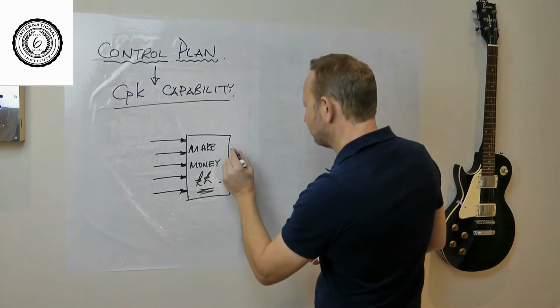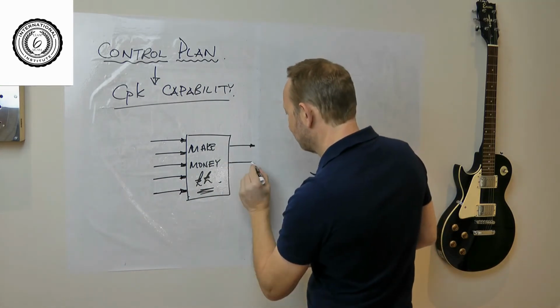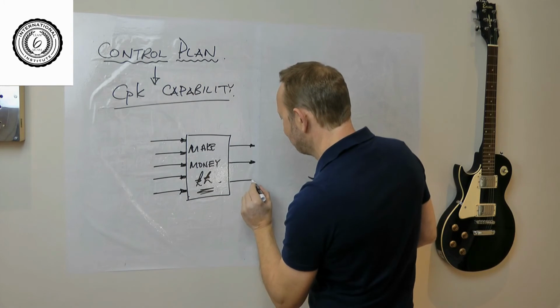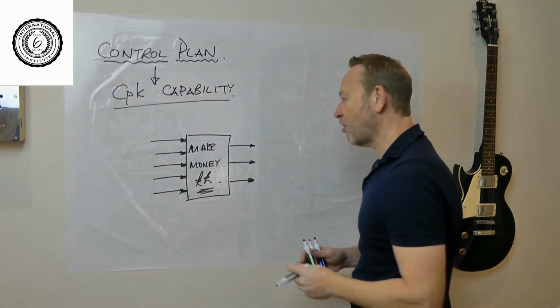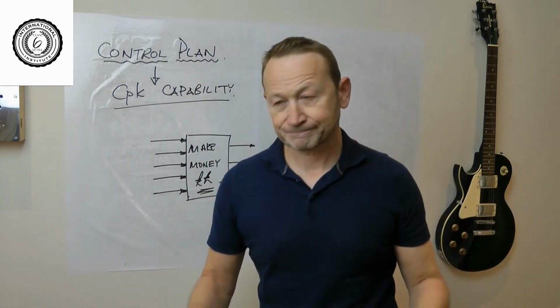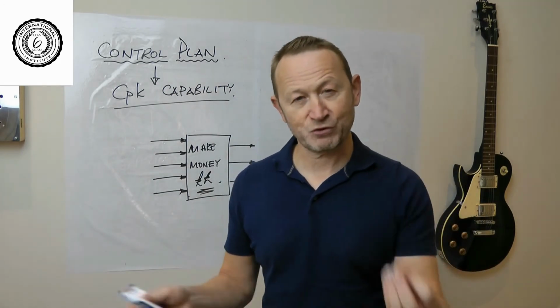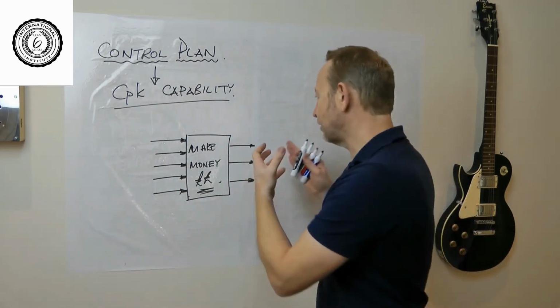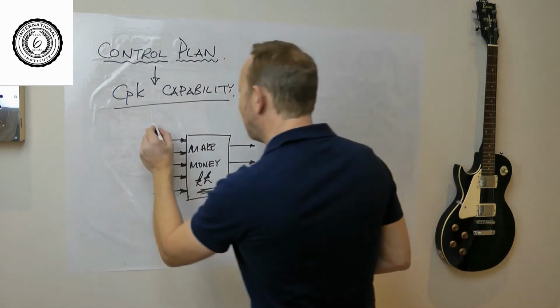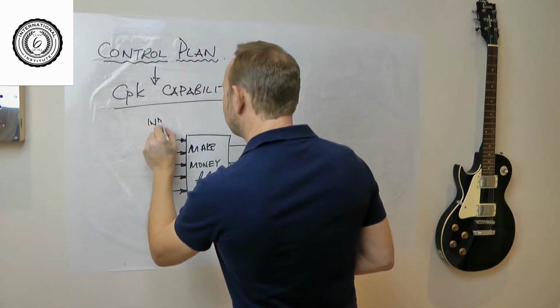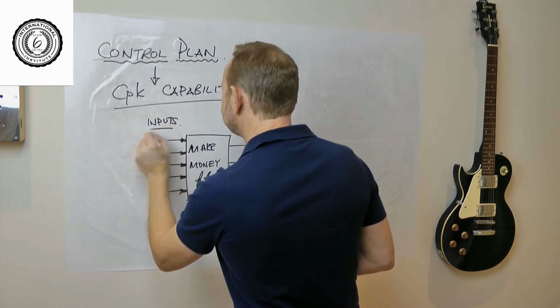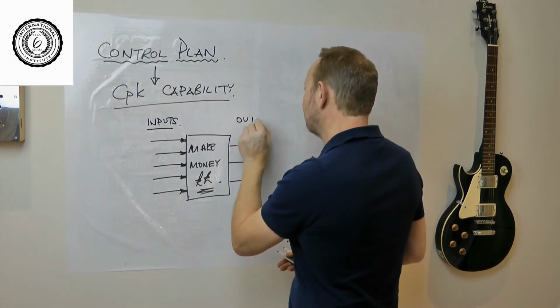And we've got outputs, things that the customer is interested in. Tolerances, specifications, could be cost, could be strength, all sorts of different features that the product is trying to achieve to keep your customer happy. So we've got inputs and we've got outputs.